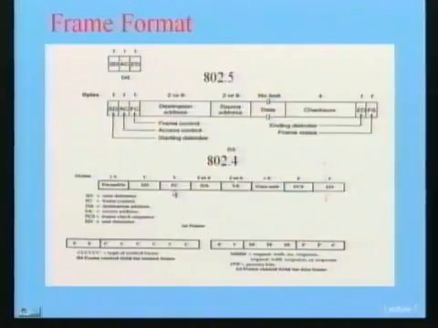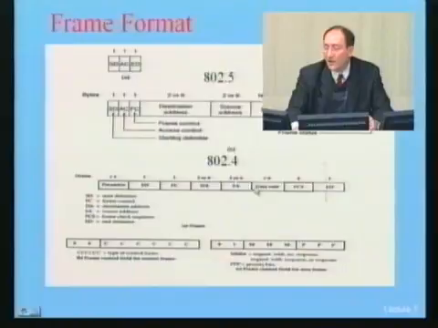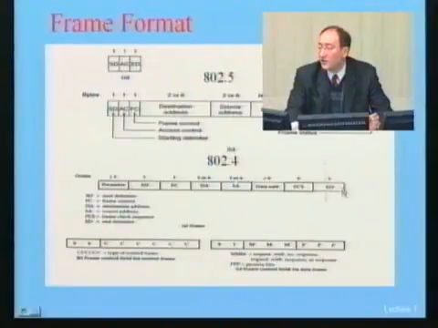Because you have instructions for maintenance of the network. Then you have destination address and source address, the same addressing format as 802.5 and 802.3. They share the same thing. Then you have the data, and then you have error correction, exactly the same as before. And then you have the end delimiter. You don't have the frame status at the end.